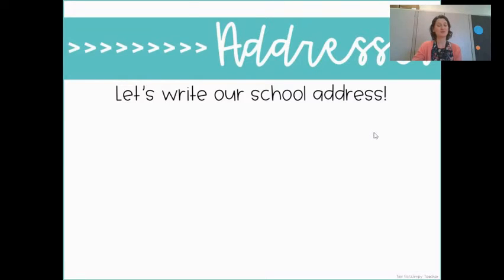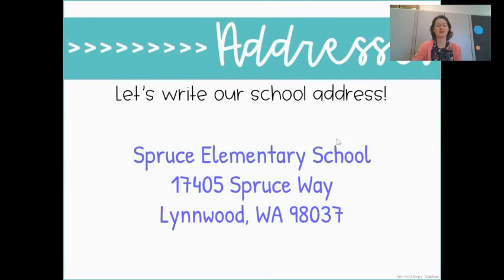If we're to write our school address, we would have Spruce Elementary School, 17405 Spruce Way, Linwood, Washington, 98037. You can see that we would put the comma just after Linwood because Linwood is the city. We always put the comma between the city and the state, so we put it here.